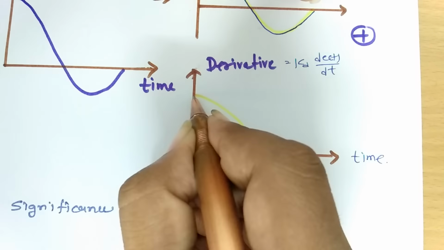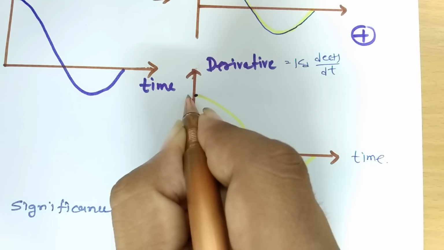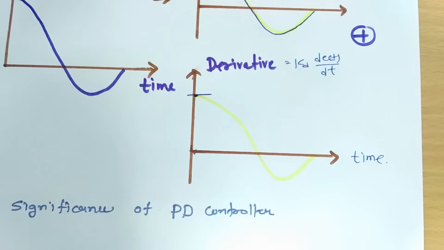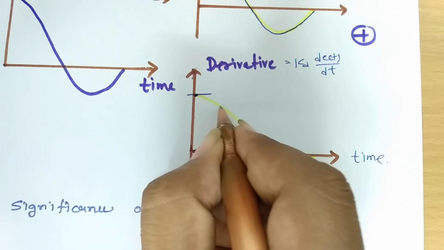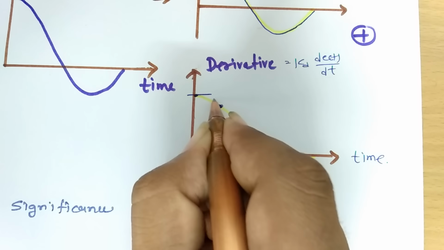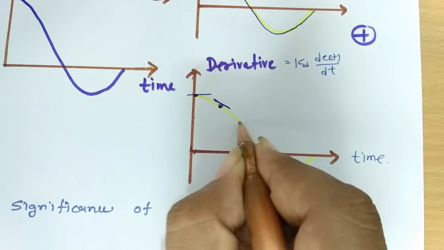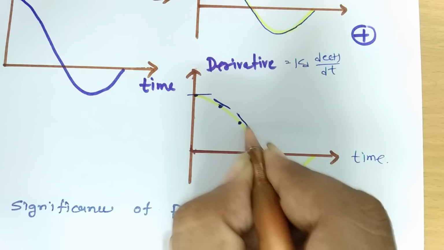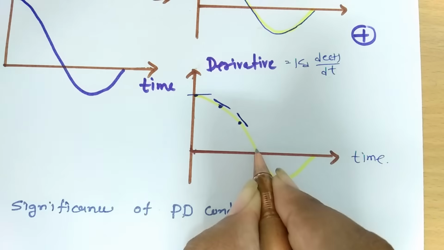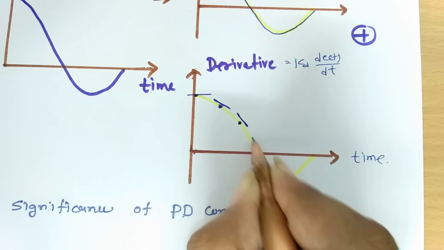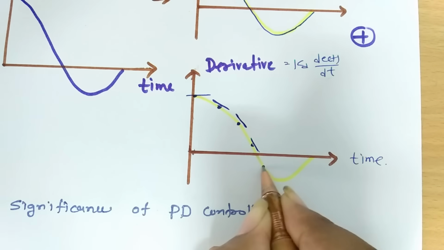When I calculate the slope at this instant, that slope is 0. Now if I calculate the slope at this instant, that is a negative slope. If I calculate the slope at this instant, that slope is more negative. Over here one can see the slope is negative.